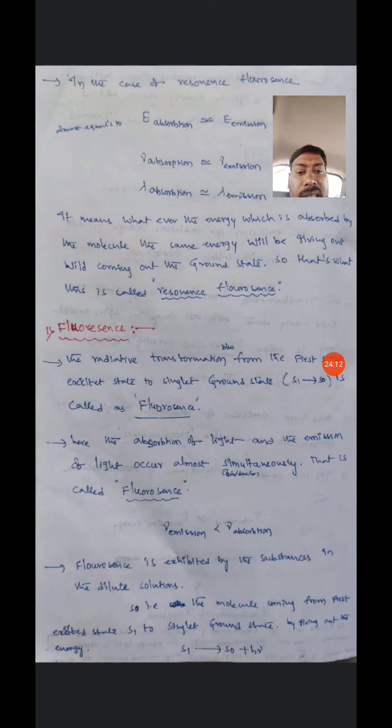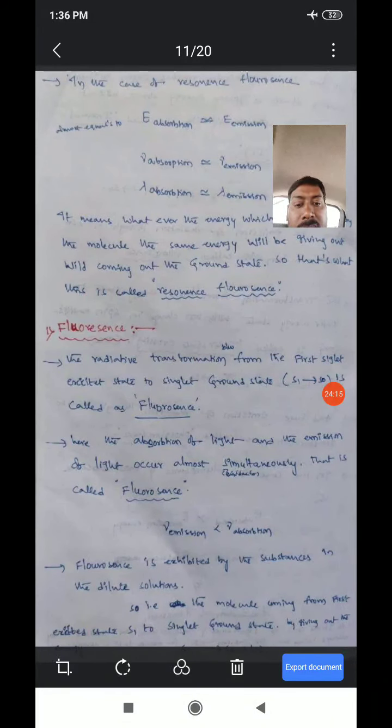Next we are discussing fluorescence. The definition of fluorescence is the radiative transformation from the first singlet excited state to the singlet ground state, that is S1 to S0.